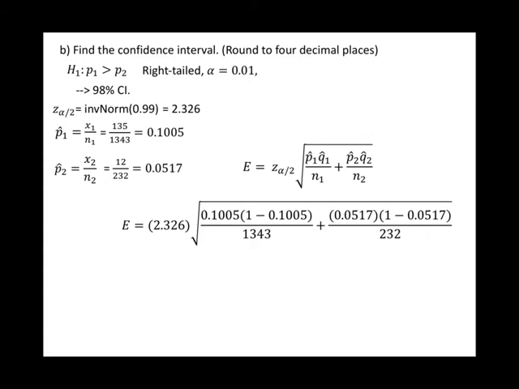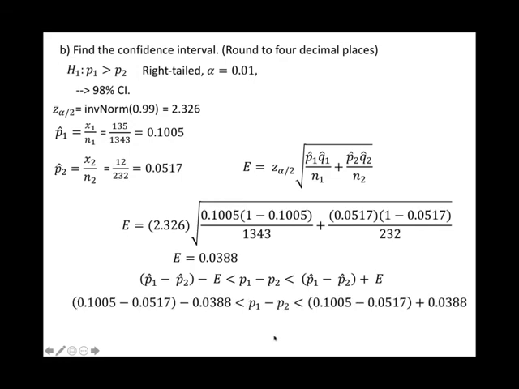Use your calculator. You should get this one, the margin of error. Construct the confidence interval, the difference of the population proportions. So we have p hat 1 minus p hat 2 here, plus or minus the margin of error. You should get this.